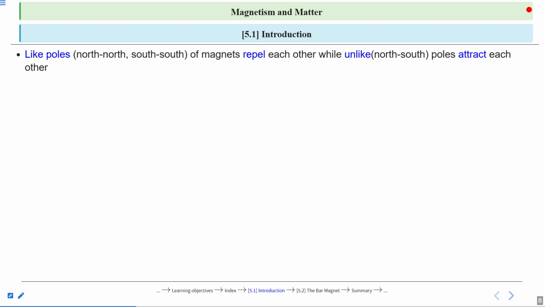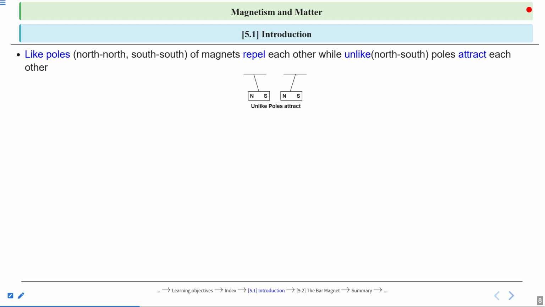If we hold two magnets and bring their like poles together, they will repel. If their unlike poles are brought together, they will attract. So like poles, north or south, repel each other, while unlike poles, north and south, attract each other.